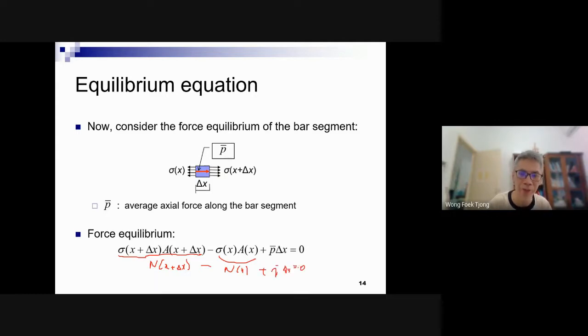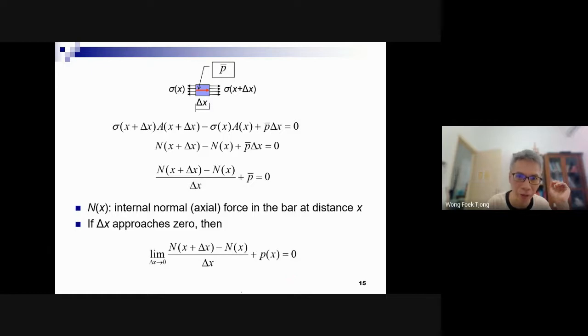Okay, is it clear? So the force on the right end minus the force on the left end plus the external force equals 0, and then let's divide it by delta x.